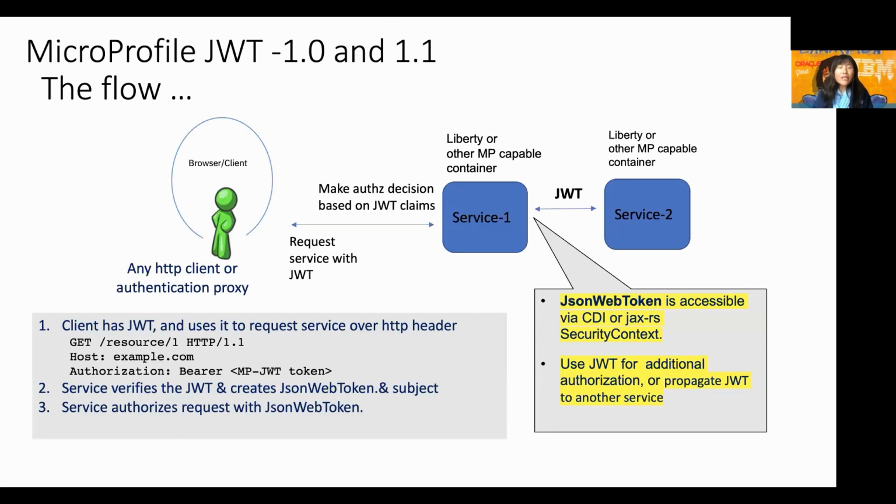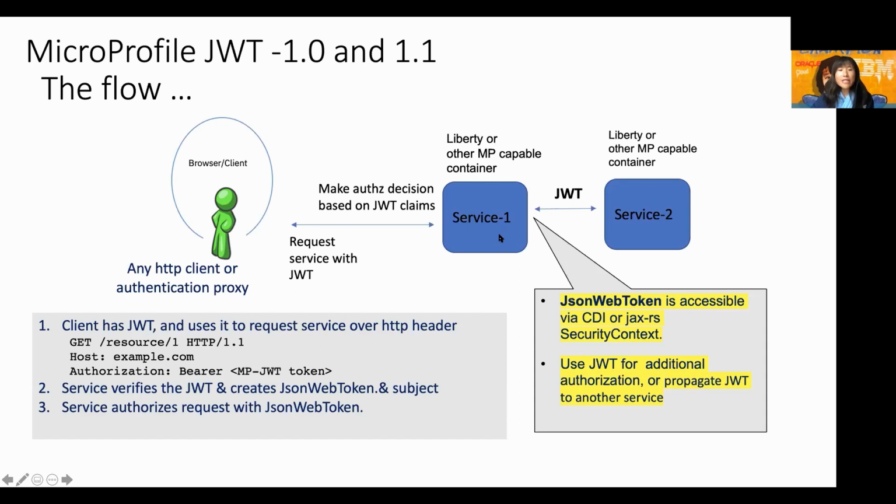So this puts it all into one picture. The user directly gets hold of a JWT, either creating it himself or using an OpenID Connect provider or the proxy server, and then can pass the JWT token to the server.